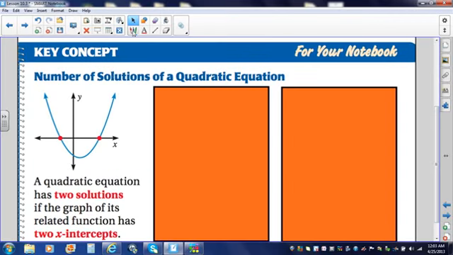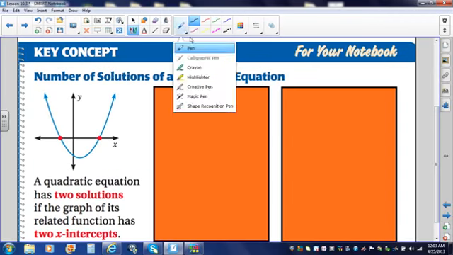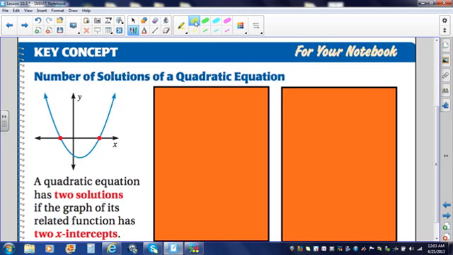If we draw a parabola, and the parabola happens to intersect the x-axis at two different points, we say that it has two solutions.